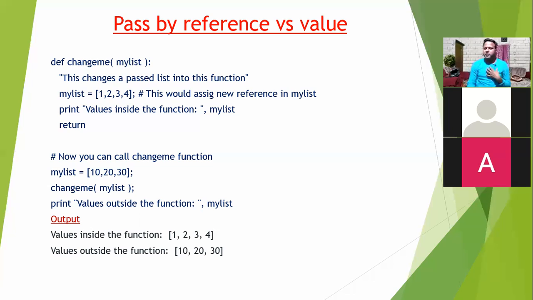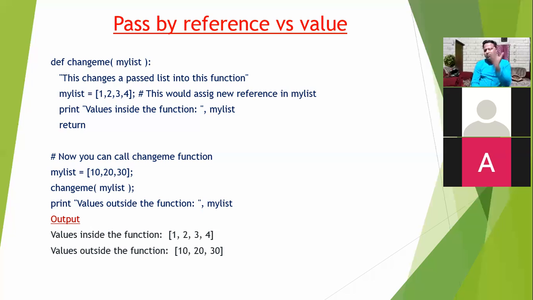Suppose I'm asking you where your room is, and you tell me your address. That means you are present at your address. If I want to know your home address and I ask your friend, and your friend gives your address, so if I go through your friend to get to you, you can say it is a reference. When I directly call you to get your address, you can say it is call by value.